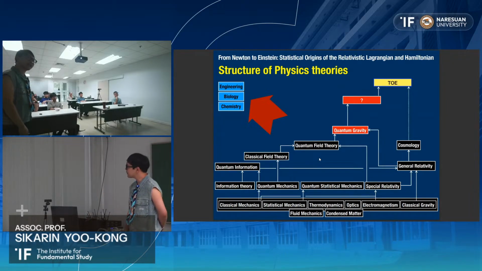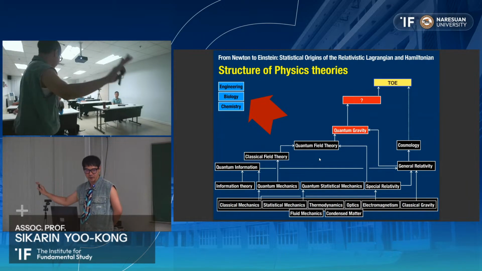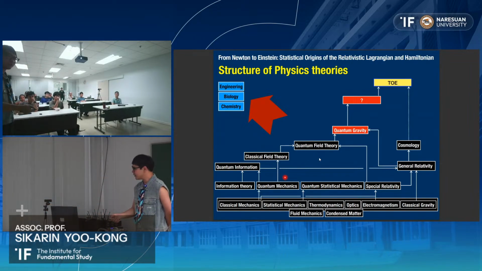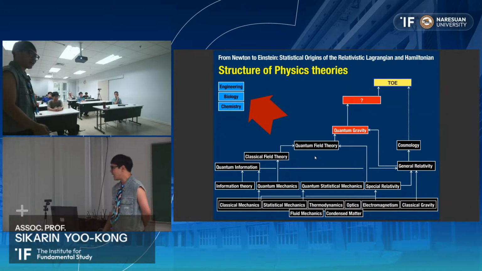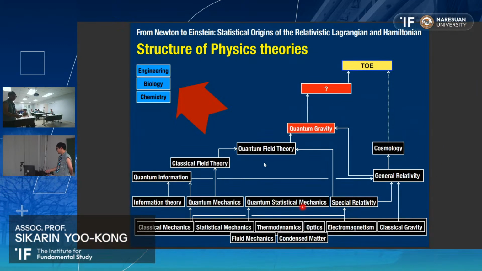So here is the structure, according to my opinion. You might have a different view on this kind of structure. At the bottom line, I put all the classical theory, but not all of them. I hope that it contains most of them. And in the second line, you get something extra like quantum mechanics, quantum statistical mechanics, special relativity, something like that, which is like a top-up layer, right?